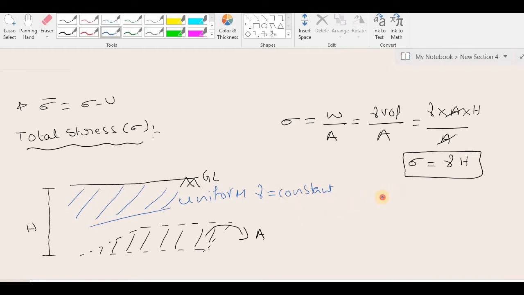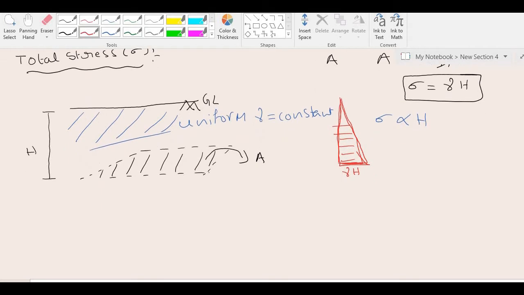In that case, total stress is directly proportional to H. It means that the stress distribution looks like this, gamma H. This is a triangle variation, at any depth H.